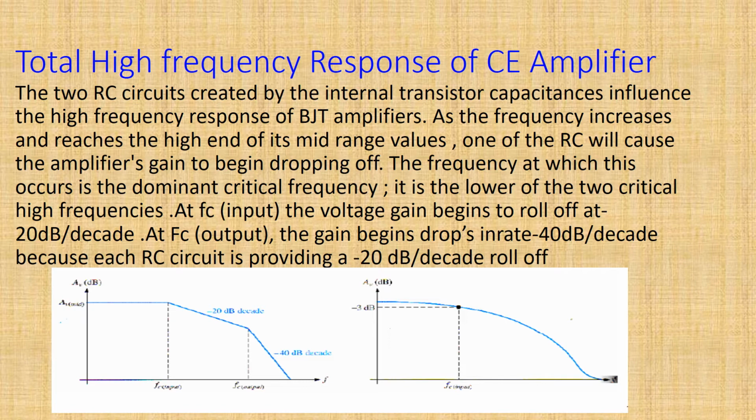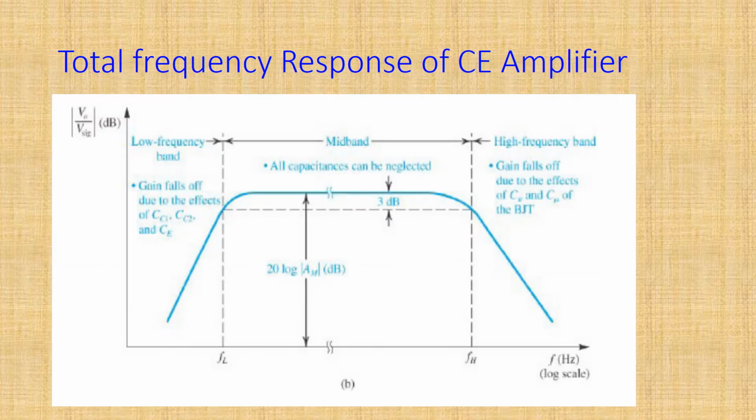So at Fc input, the voltage gain begins to roll off at minus 20 dB per decade, and at the critical frequency at the output, the gain begins to drop at the rate of minus 40 dB per decade, because each RC circuit is providing a minus 20 dB per decade roll-off. So this is the overall frequency response of the CE amplifier.